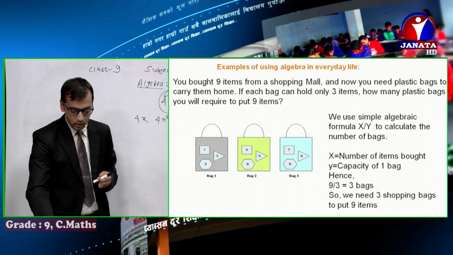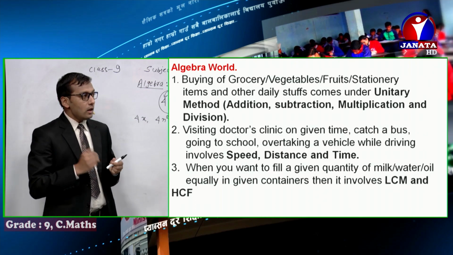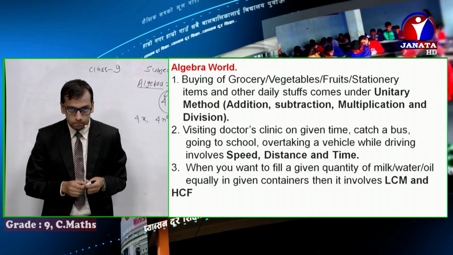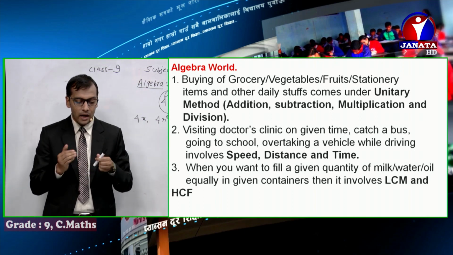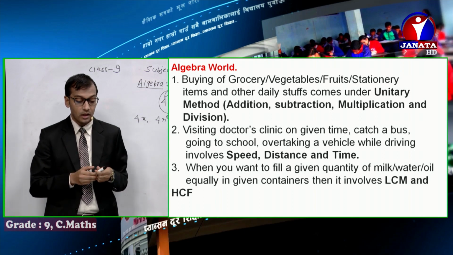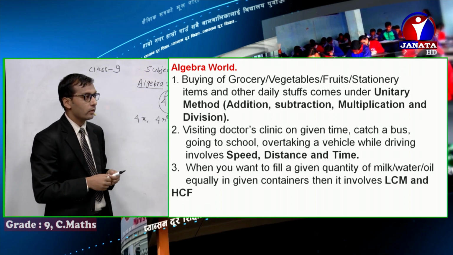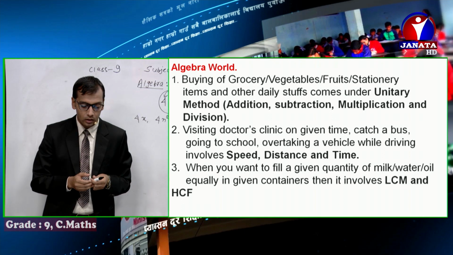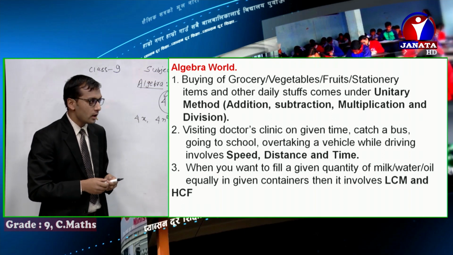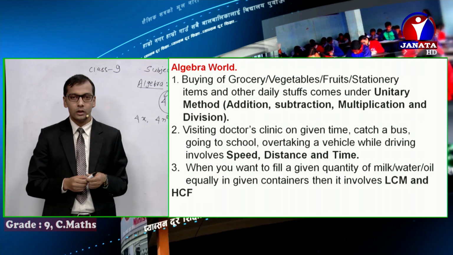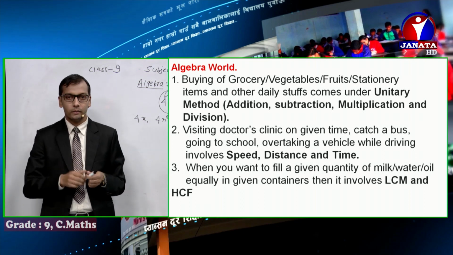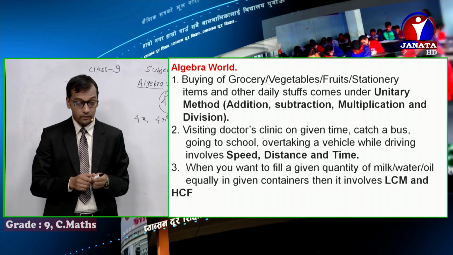Second, we can see other examples of algebra we use in our everyday life, like buying of vegetables, fruits, stationery items. There is use of addition or subtraction, any kind of mathematical operation. Similarly, we can find other examples which are used in everyday life.